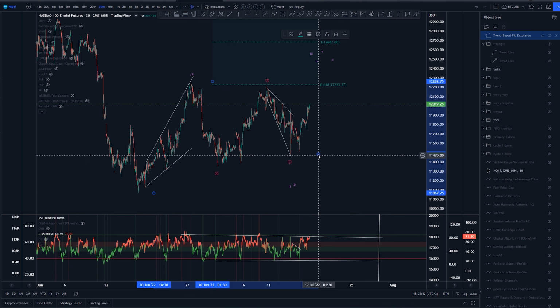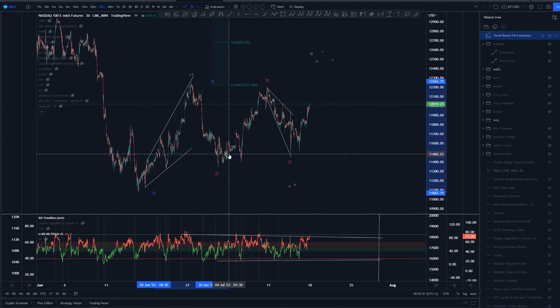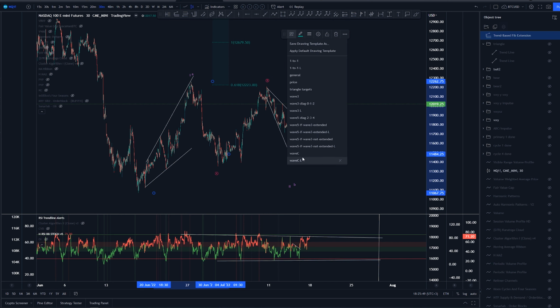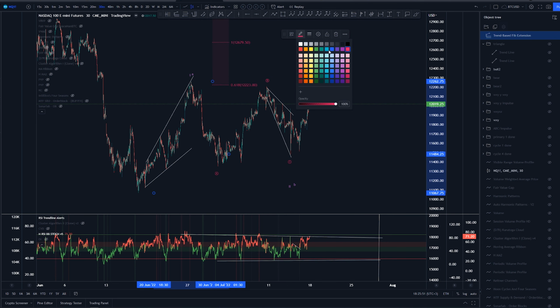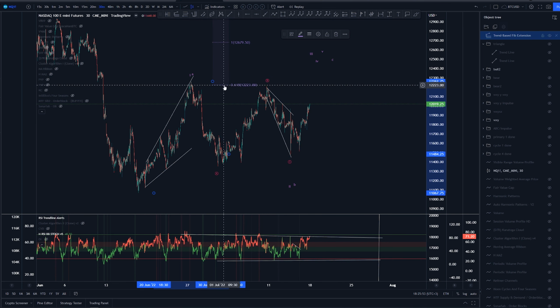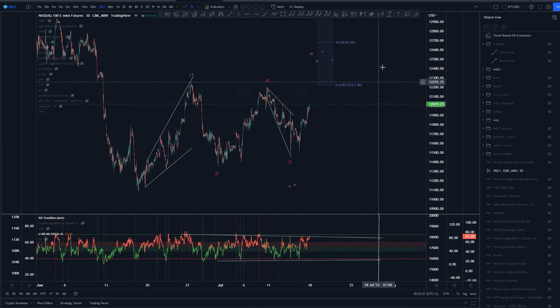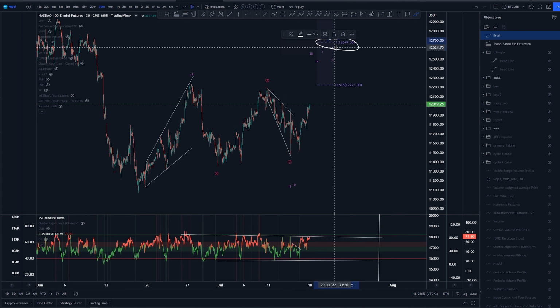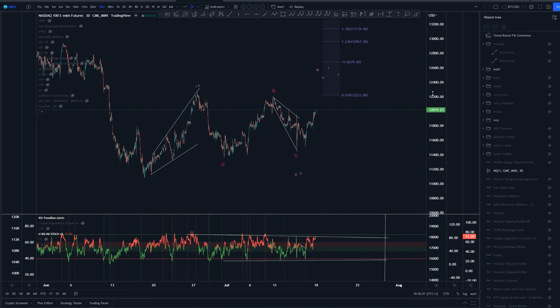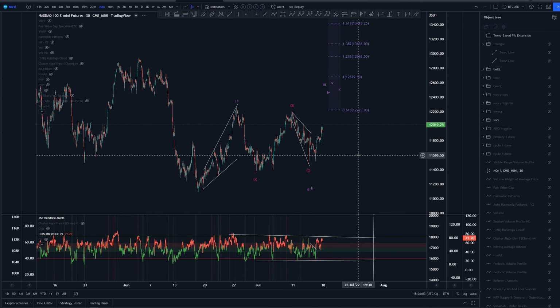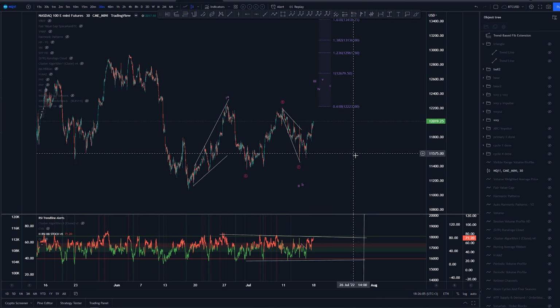So these are the targets. I would first, again, the minimum target 0.618 would definitely take out the previous highs here, just by a hair though. So overall target 1-to-1 extension 12.7k area.